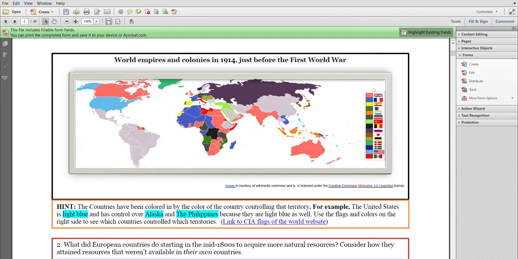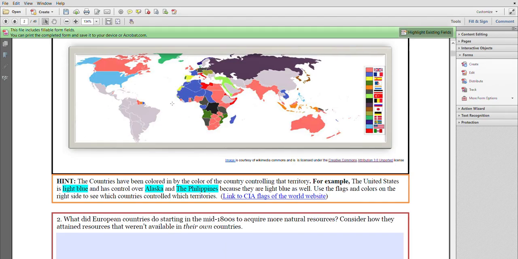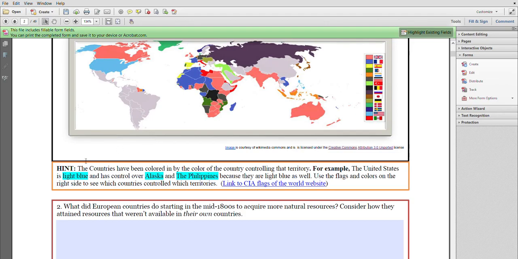If you look at the colors next to the flag, you'll see the corresponding countries that were controlled through imperialism by England, for example. England controlled Australia and India, these portions of Africa into South Africa, and it looks like all of Canada.